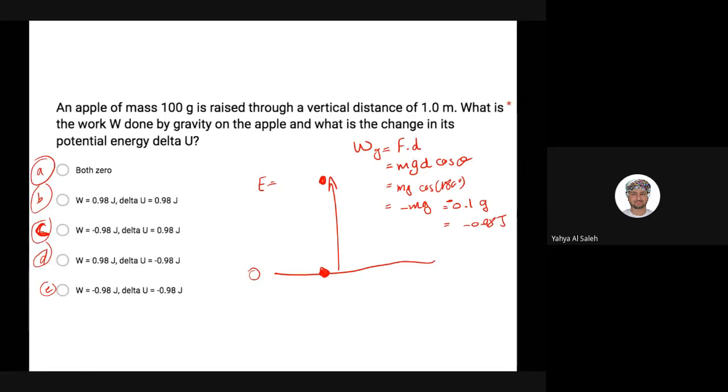I will end up here with 0.98 joules of gravitational potential energy. So either C or D can be right, depending on whether you choose g to be positive upwards or downwards.